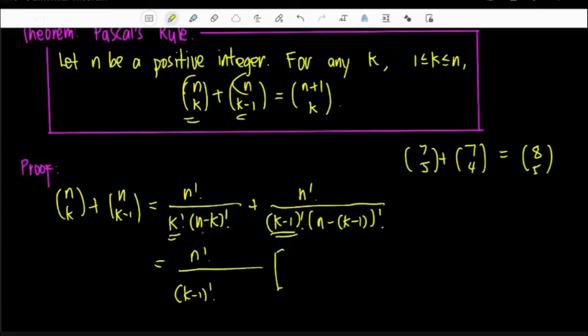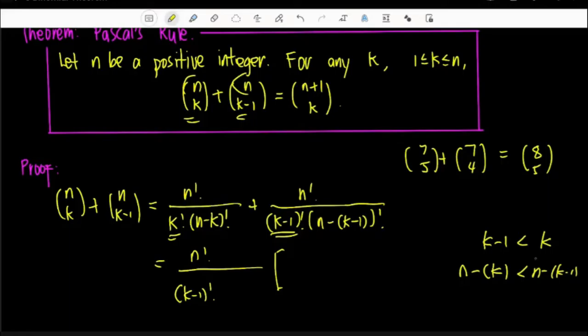Okay? How about n minus k and n minus quantity k minus 1? Of course, k minus 1 is smaller than k, right? So that means n minus k is smaller than n minus k minus 1.